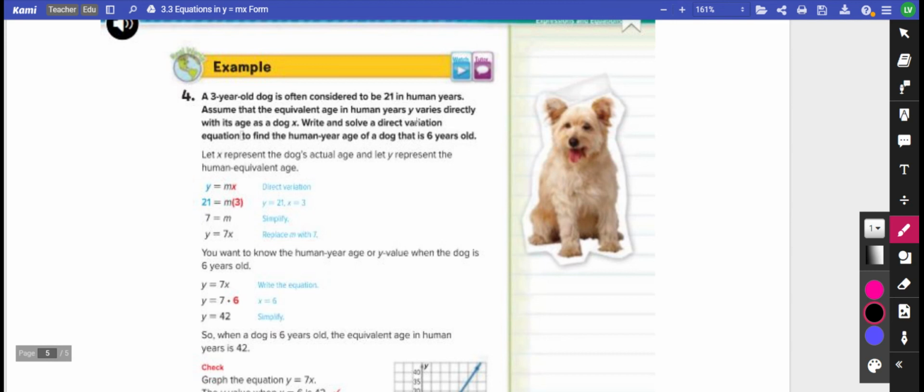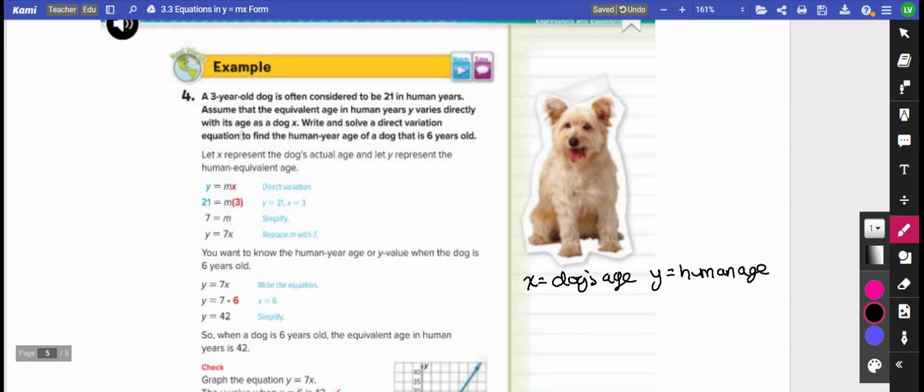Write and solve a direct variation equation to find the human year age of a dog that is 6 years old. So let's start by letting x represent the dog's actual age and y represent the human equivalent age. So x equals dog's age, y equals human age.